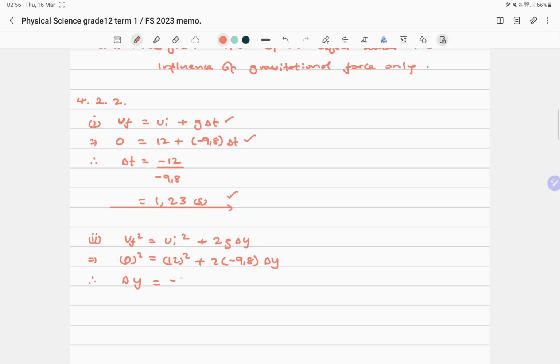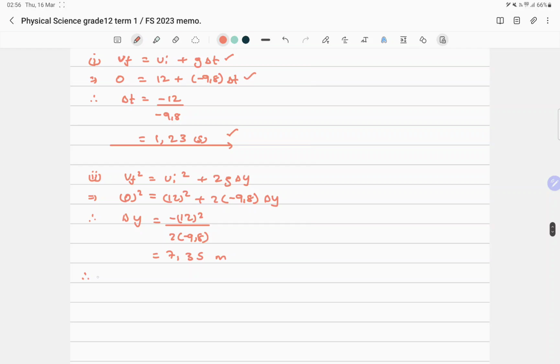Therefore delta y is going to be minus 12 squared divided by 2 into minus 9,8. 144 divided by 2 into 9,8 is basically 7,35. So I can do to 2 decimal places already, because I know the next step is simple.